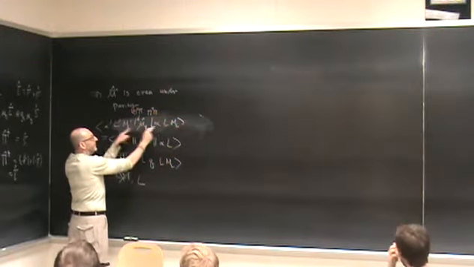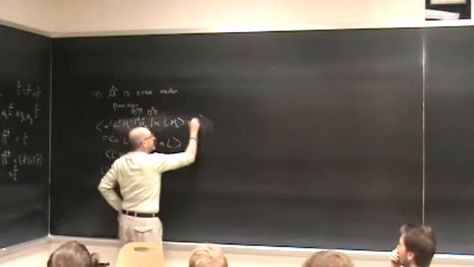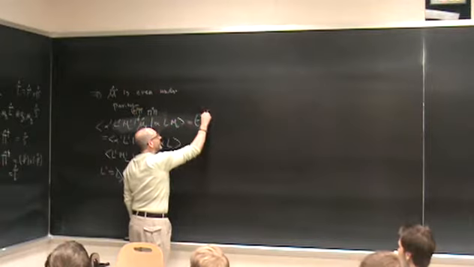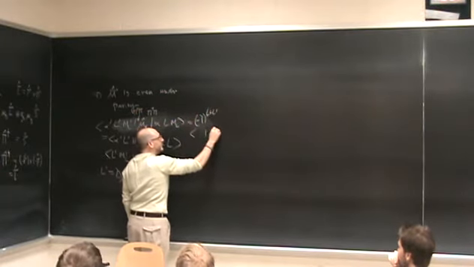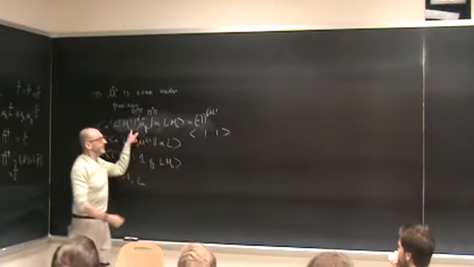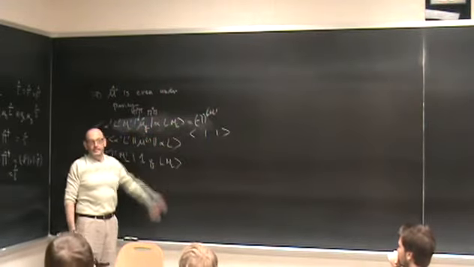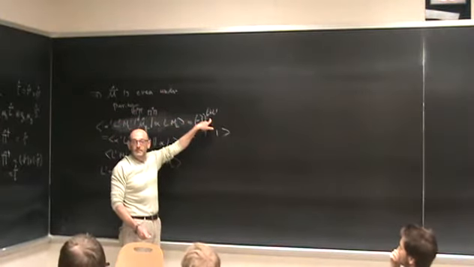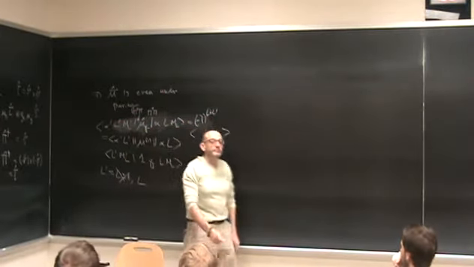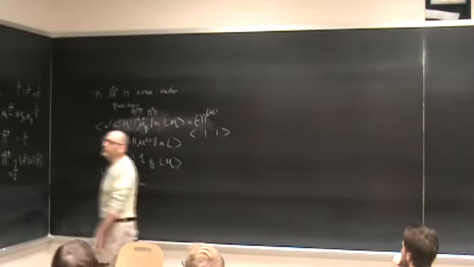This guy is even, these guys give minus 1 to the L plus L prime times the same matrix element. And since this has to equal this, L plus L prime has to be even. So, let's go back over here.